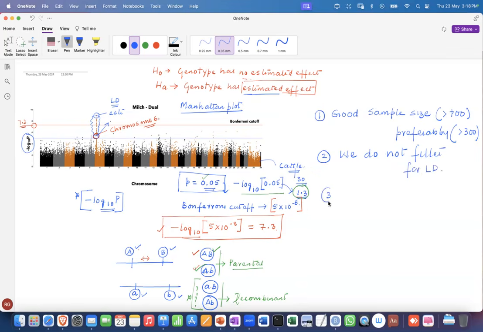However, we eliminate inbred individuals. Fourth, we also look into the heterogeneity. See, these are all the QC parameters that you have to look into when you go for GWAS.